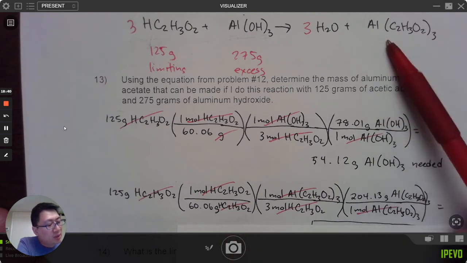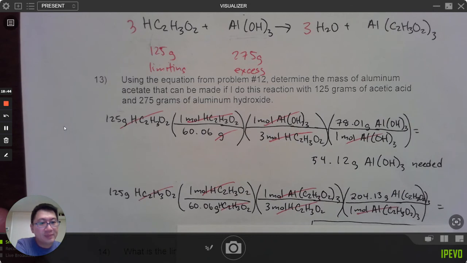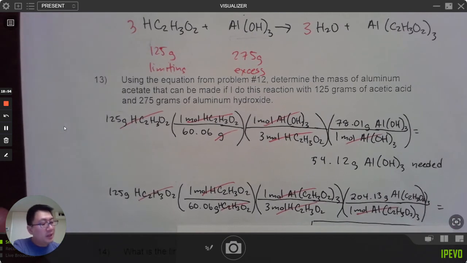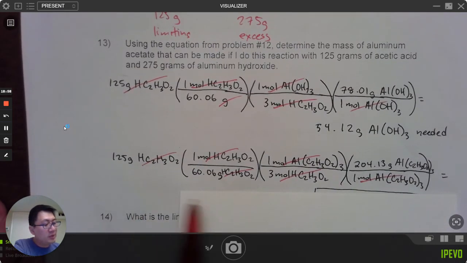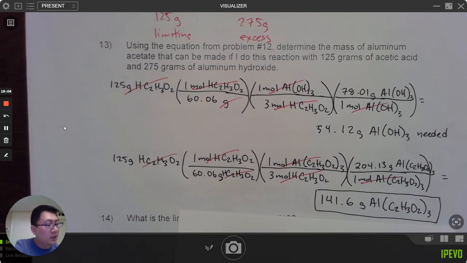It's a 1 to 3 mole ratio: 1 mole of aluminum acetate to 3 moles of acetic acid. Then moles to grams, using the molar mass of aluminum acetate. On my calculator, 125 divided by 60 divided by 3 times 204, I got 141.6 grams of aluminum acetate.